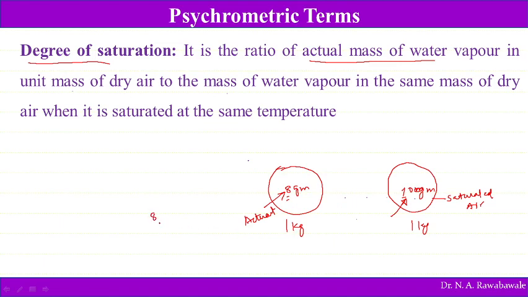Converting to kg, 8 grams is 0.008 kg, divided by 1 kg, which is 0.008 kg per kg of dry air.